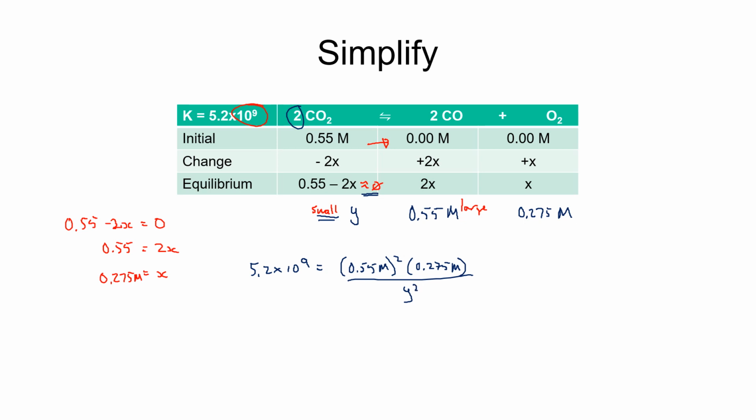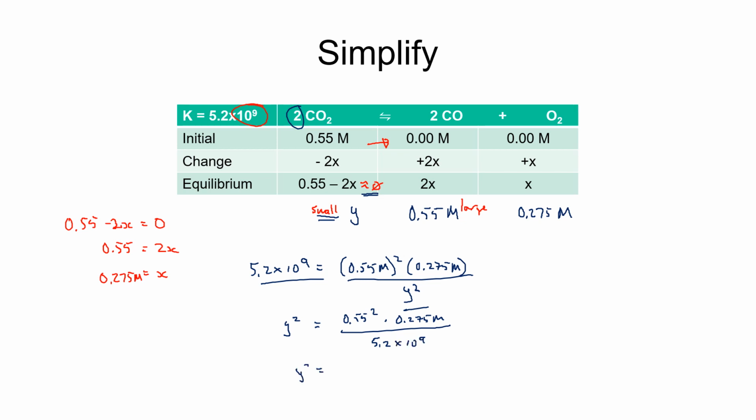So that's not too bad to solve. No quadratic equation needed there. You can just switch these two. So you've got here 0.55 squared times 0.275, that's all moles per liter, all over the 5.2 times 10 to the 9th.